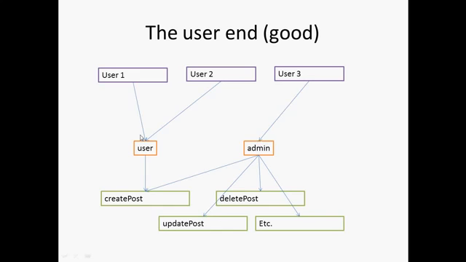So in this example, we've created a user role, and the user role only in this example has 1 permission. And we're then saying that user 1 and user 2 are both in the user role. And likewise, in this case, the admin role has 4 permissions, and user 3 is in the admin role.